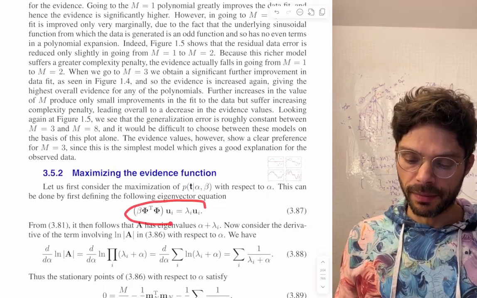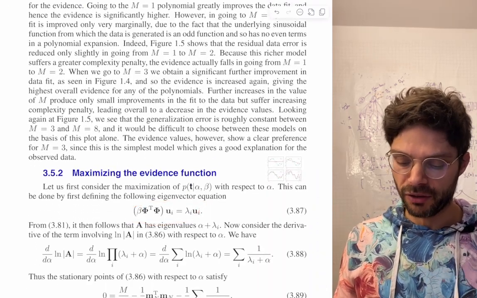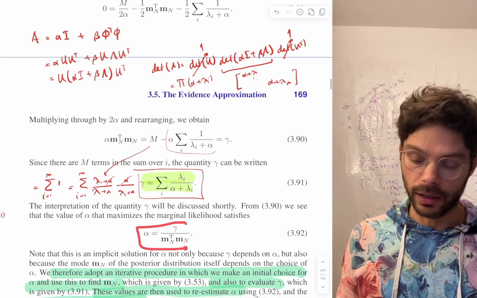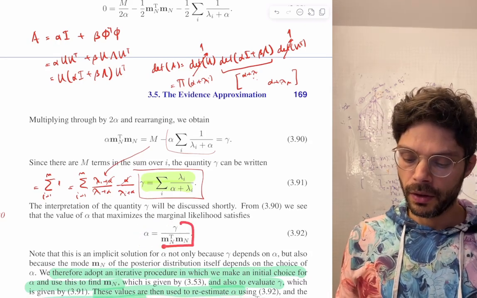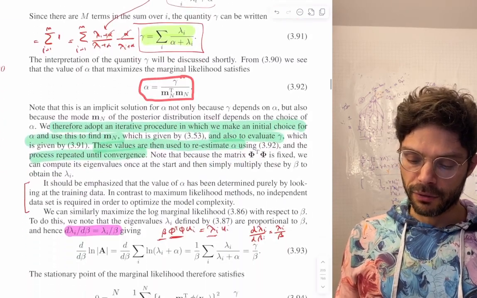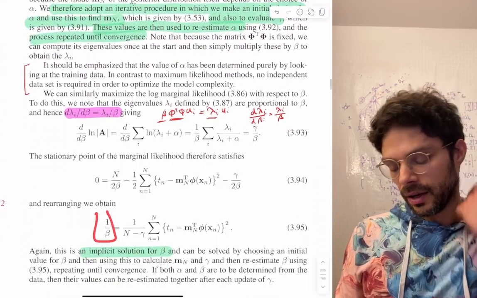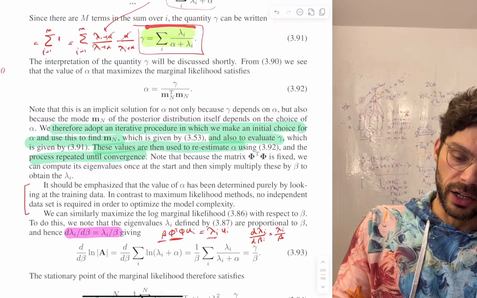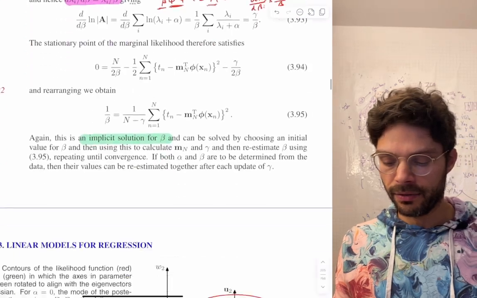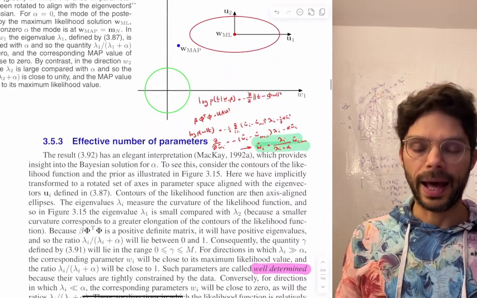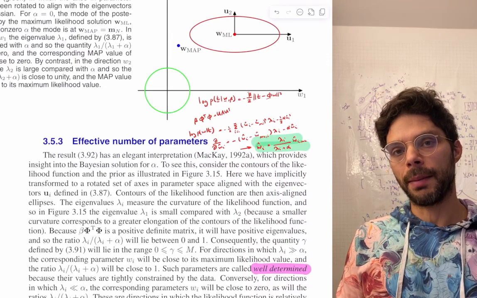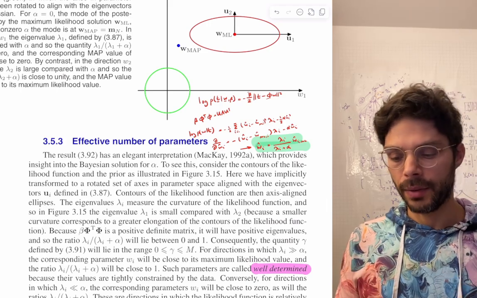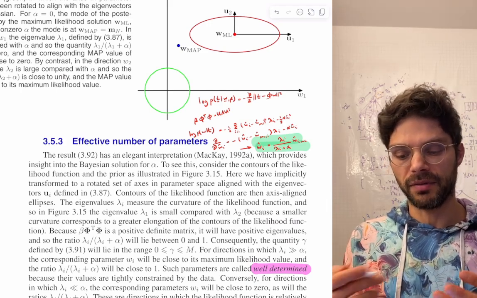Then we talked about maximizing this evidence function to get the alphas and betas. We saw that we couldn't do this in closed form, so we ended up with iterative procedures for doing so. That was for alpha, and for beta, this is basically the noise precision. And then we encountered this interesting quantity, which we could interpret in the final section as how many parameters our data actually constrains, and how many it doesn't provide enough data for.